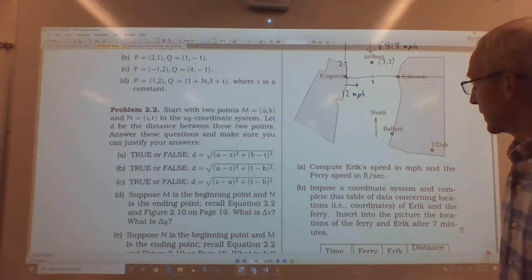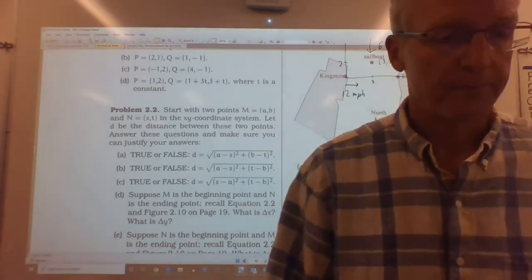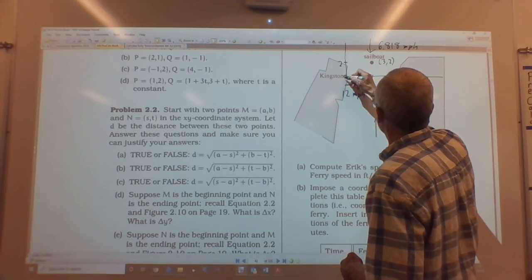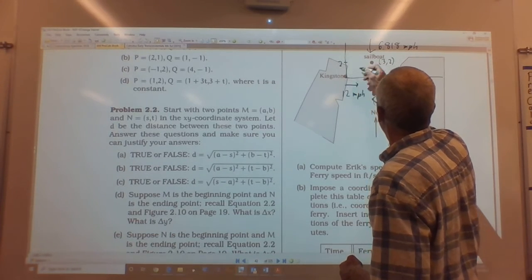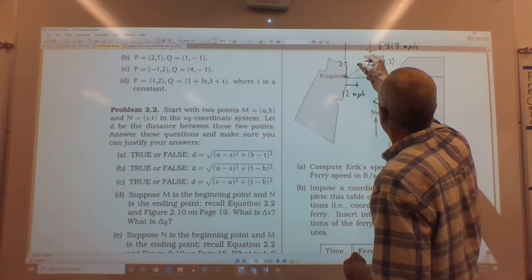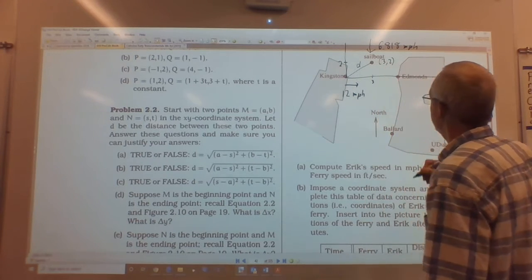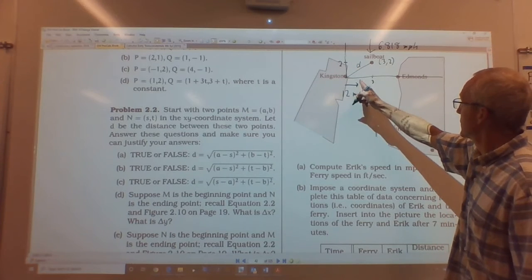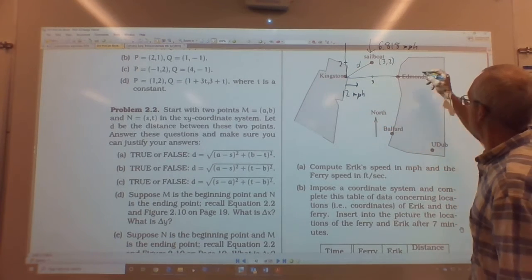So let's see. When they start out, here's the ferry, there's the sailboat, it's that distance d, and so d is just the square root of 3 squared plus 2 squared.